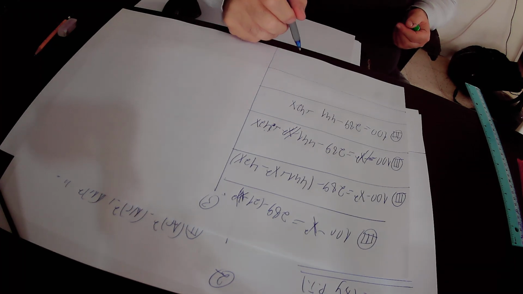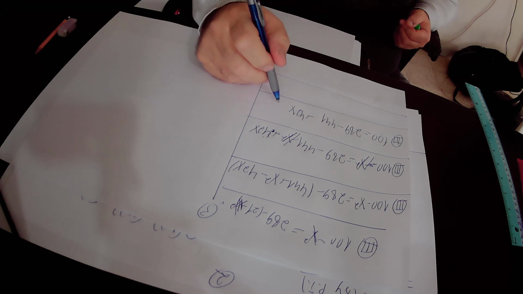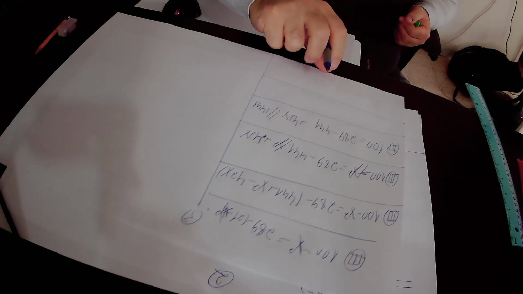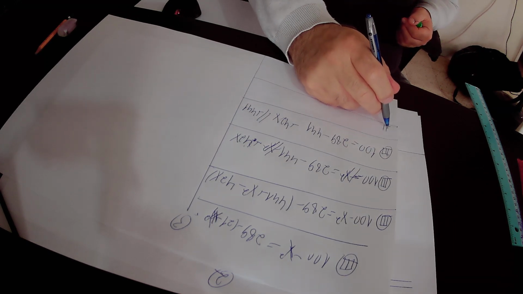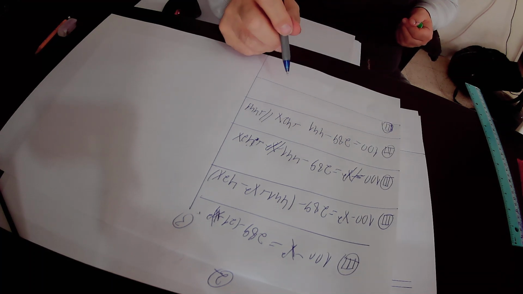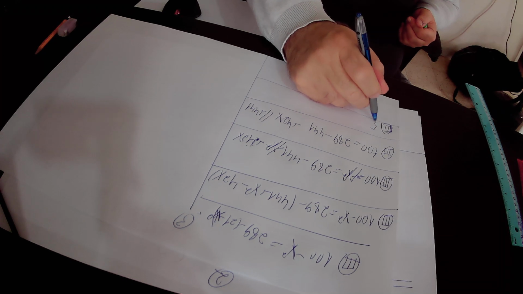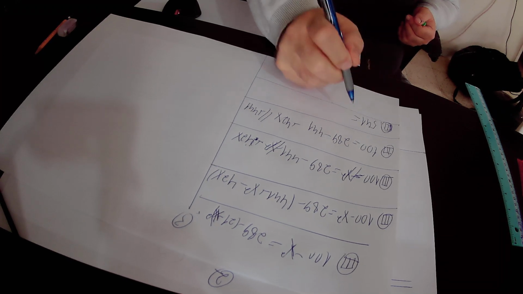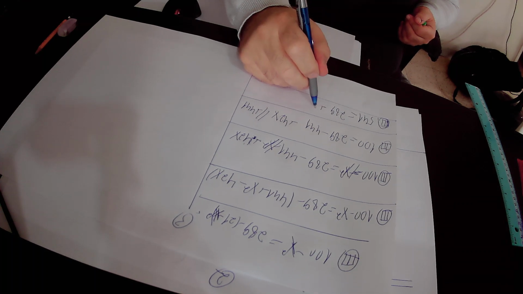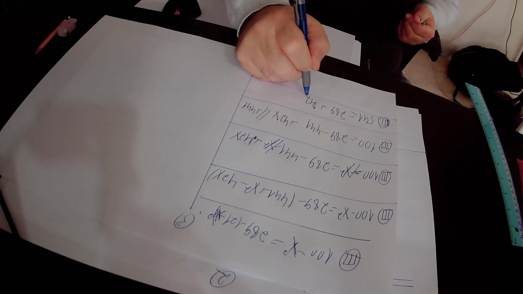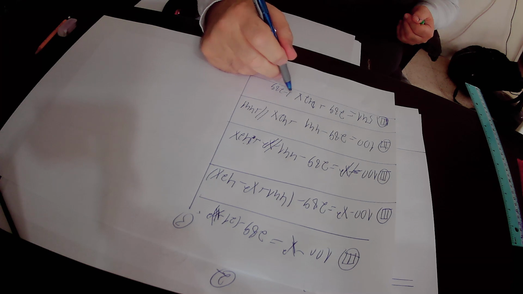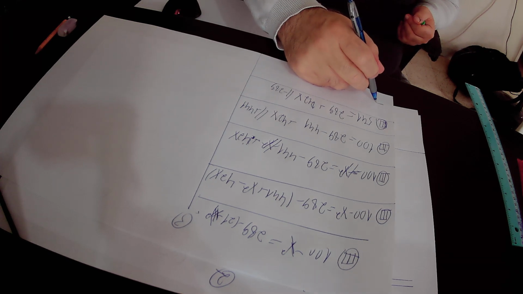So here we add 441 to this equation, and we get that 100 plus 441 equals 541, and it is equal to 289 plus 42x.